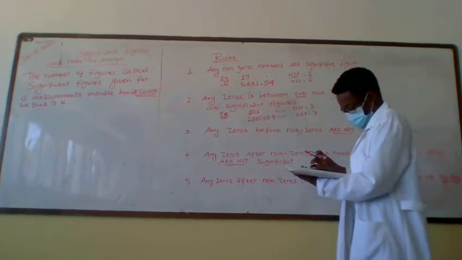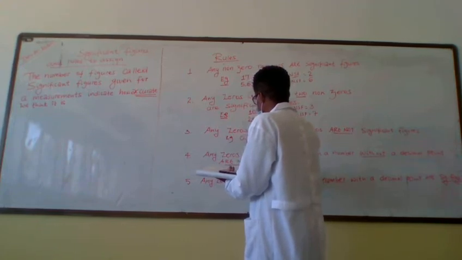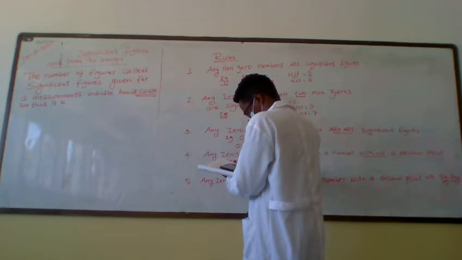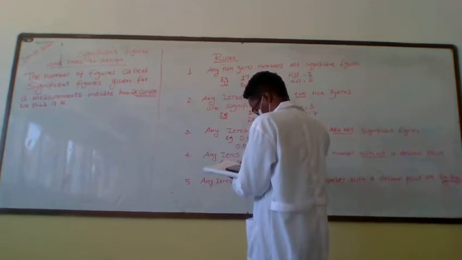So for this, let's have examples: 0.5, 0.0001305.